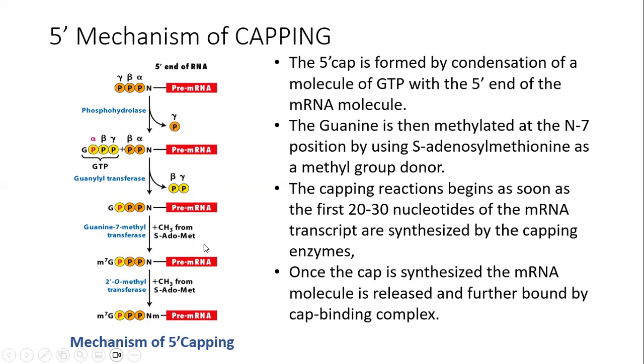Sometimes you have additional methylation reactions where the ribose sugars of one or two of the nucleotides are also methylated. So the entire structure, including the 7-methyl guanosine residue and the additional methylated sugars, forms the cap structure.